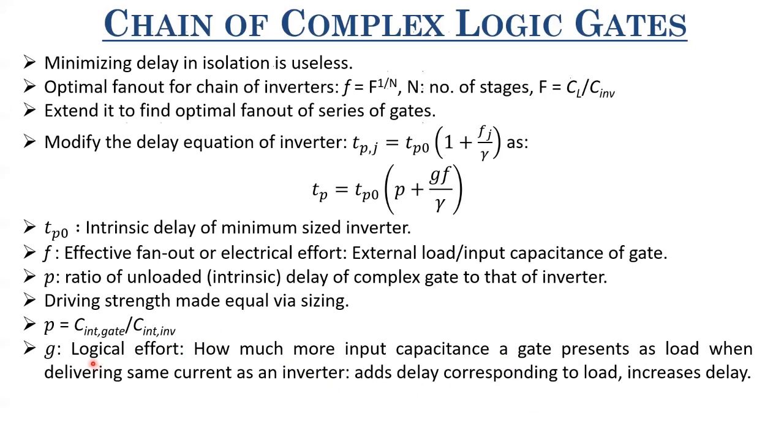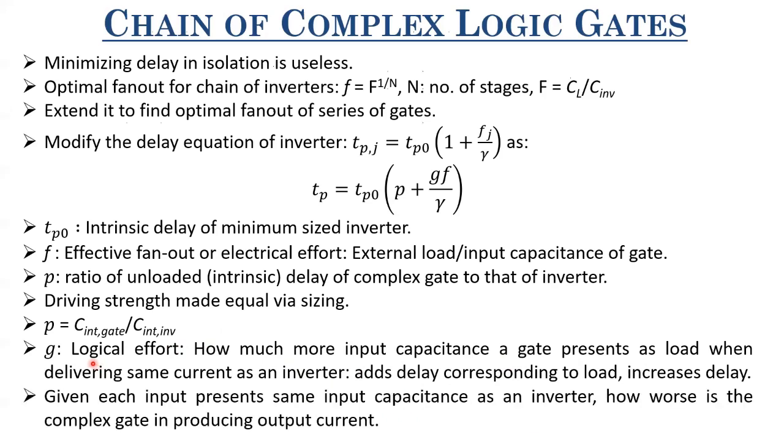Another way of stating it is: given that each input presents the same input capacitance as an inverter, how much worse is the complex gate in producing output current? One way is to say that we equalize the current, and then ask how much more input capacitance the complex gate presents as compared to an inverter when it is used as a load. The other way is to fix the amount of input capacitance and ask what the driving capability of this complex gate is as compared to the inverter.